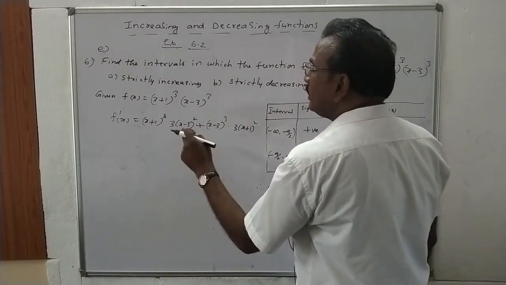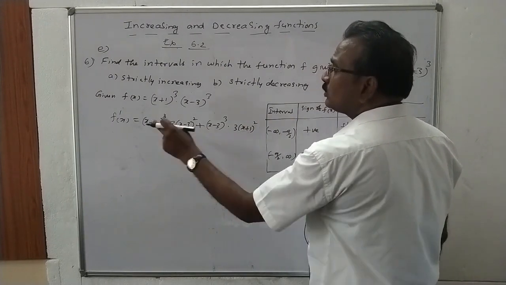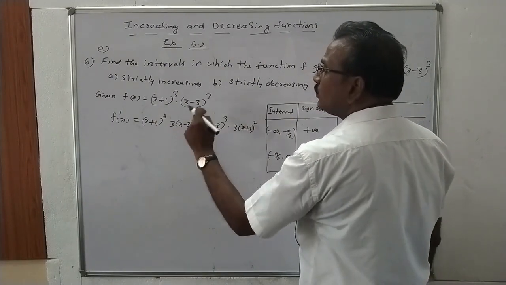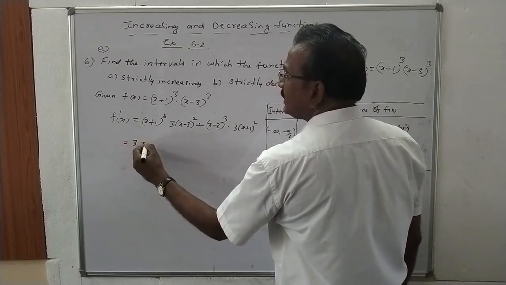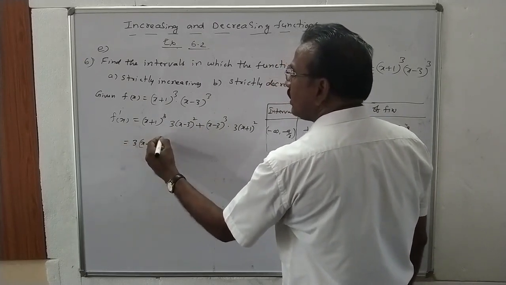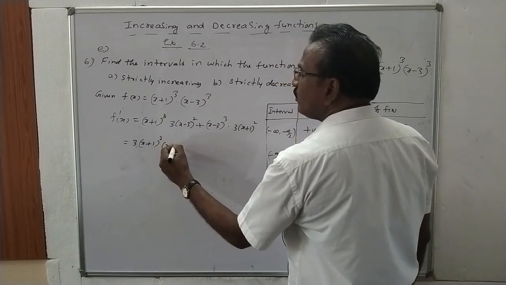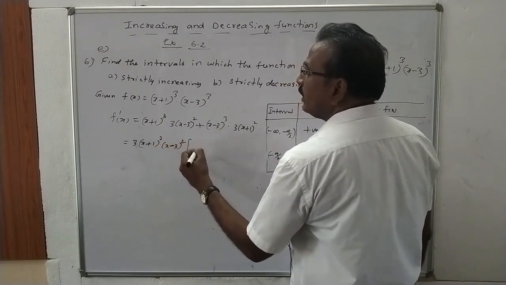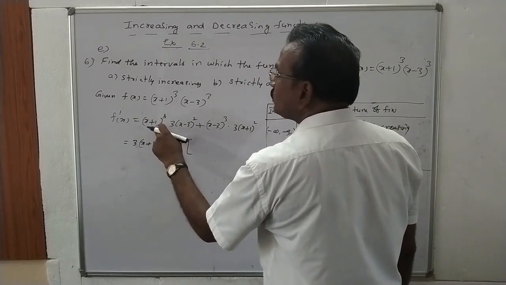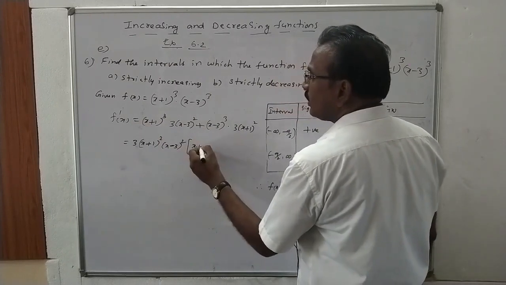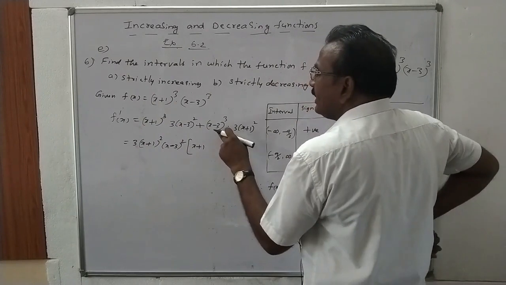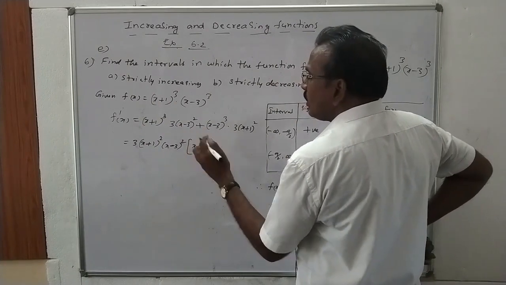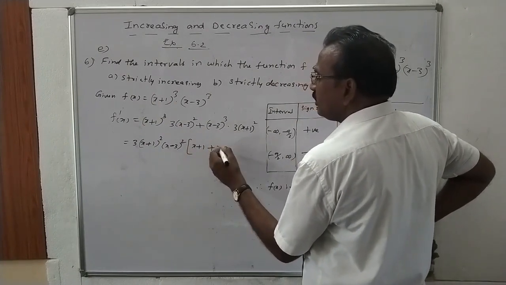Here what is common? (x plus 1) whole square is common, (x minus 3) whole square is common, and 3 is also common. So take 3 into (x plus 1) whole square and (x minus 3) whole square. Remaining: (x plus 1) whole square taken outside, remaining is x plus 1; plus (x minus 3) is remaining.